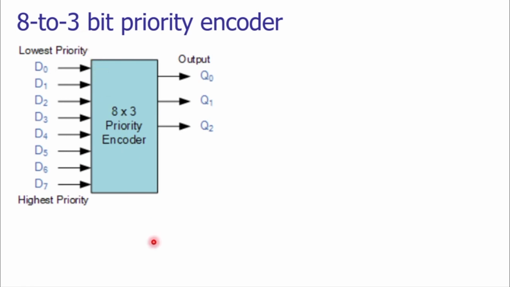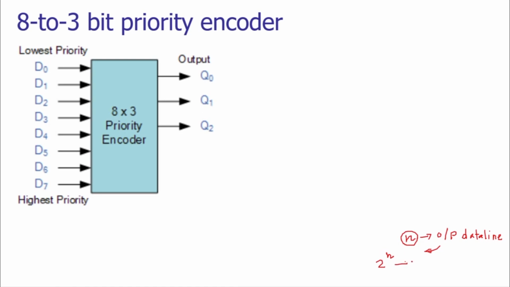So when we want output data lines equal to 3, what should be the number of input data lines required? As we have seen in our previous slide, if the number of outputs is n, then to have n output data lines, we should have 2 raised to n input data lines. So in this case, the output data lines are 3.